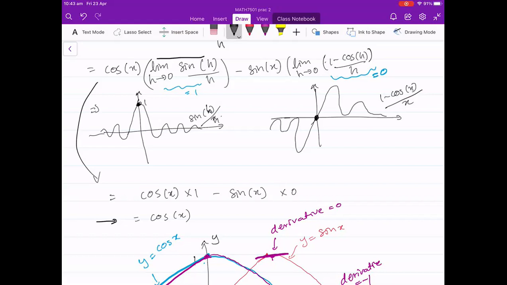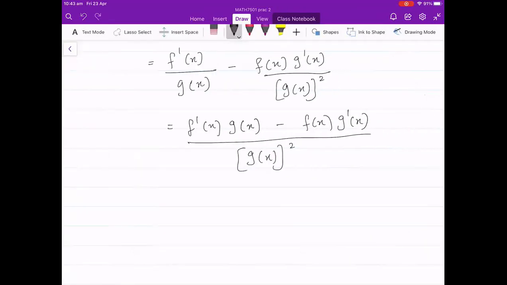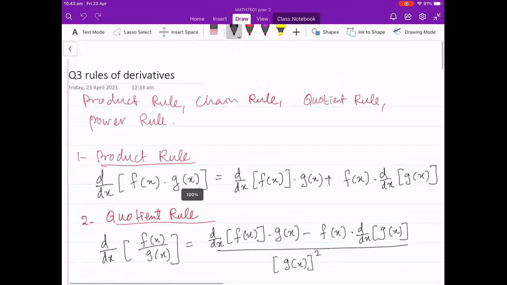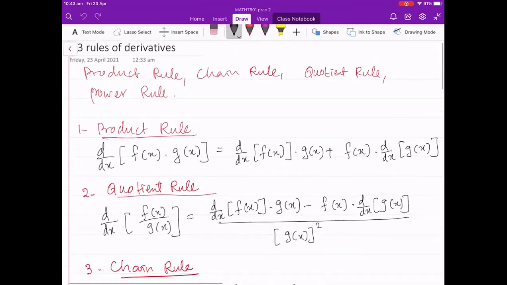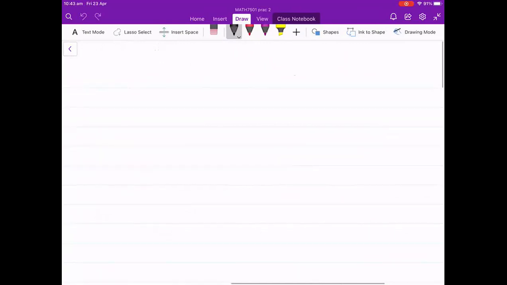Okay, can someone tell me what is the product rule? I didn't show the question. I'm assuming that you have the notebook with you. What's the product rule? Anyone? Yep, that's good.